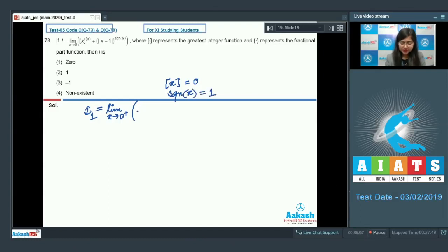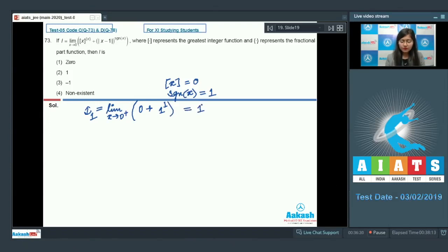So here writing 0 raised to the power (x minus 0), that is again 0, plus mod of (x minus 1) raised to the power 1, right? So here directly x can be put as 0, so that will be equal to modulus of minus 1, that is 1 raised to the power 1, right?